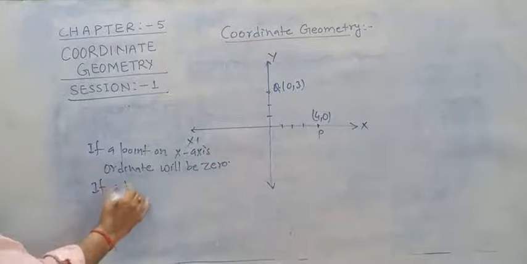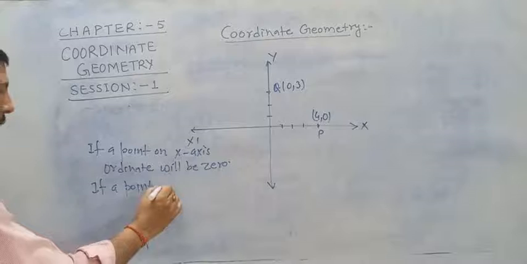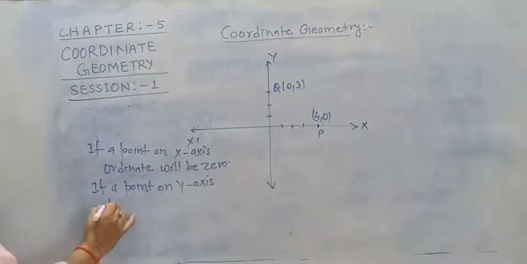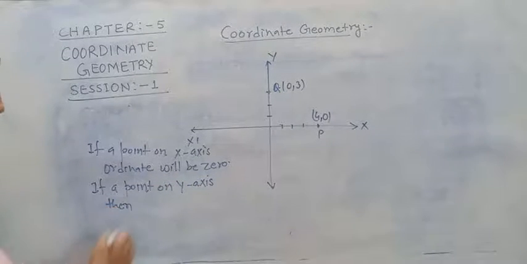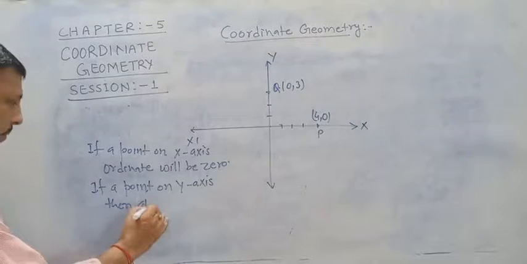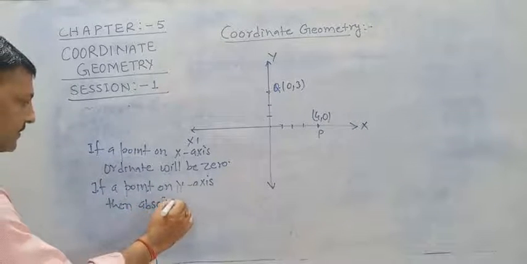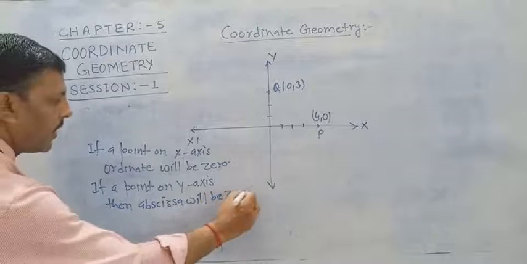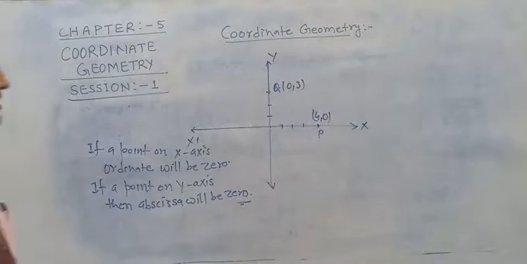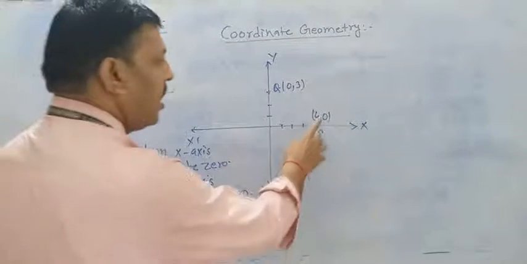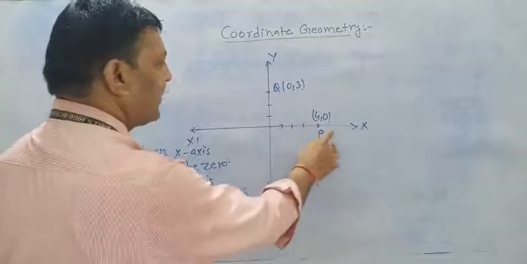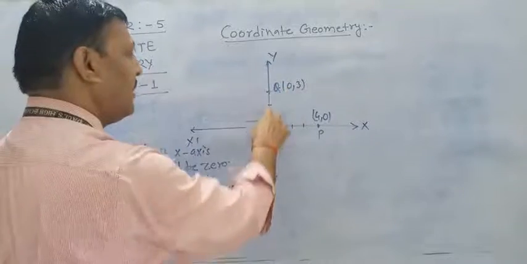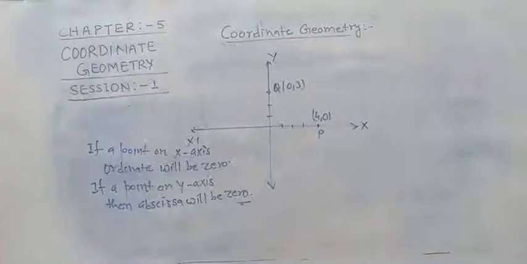If a point is on the y-axis, then the abscissa will be 0. यानी हमें ये रिकॉग्नाइज करना है, अगर किसी पॉइंट का ऑर्डिनेट 0 है तो वो always lies on the x-axis. If the abscissa of a point is 0, then it always lies on the y-axis.